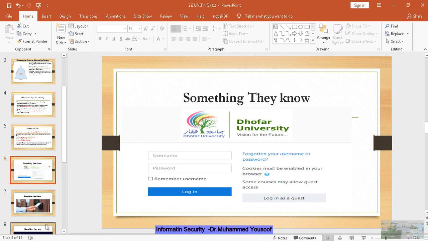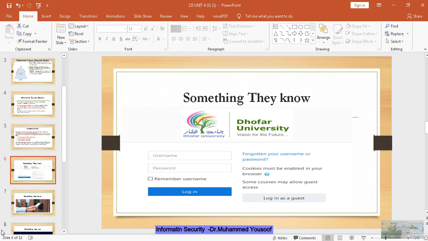Now you can see in the DUSIS or in the DU Moodle, you can try to see that there is a username and password over there. There is a username and password in that one, so it is very easy for you. Is that clear for everybody?